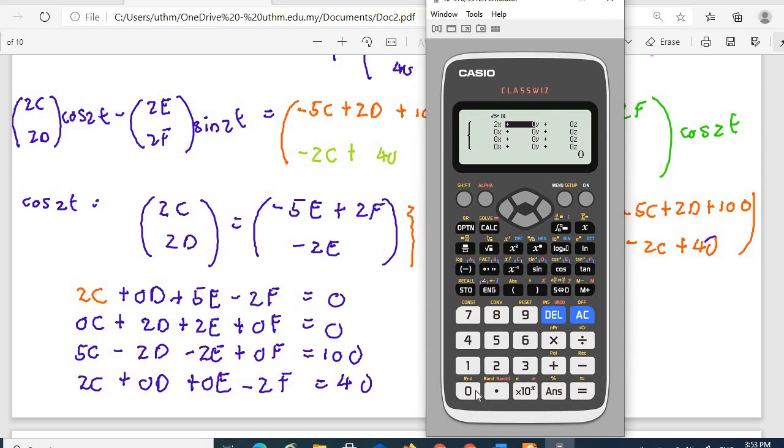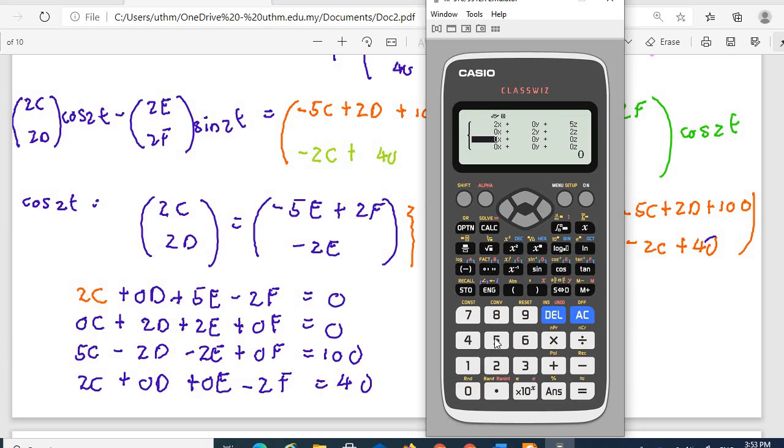2, 0, 5, negative 2, right side 0, and then the second equation 0, 2, 2, 0, 0.